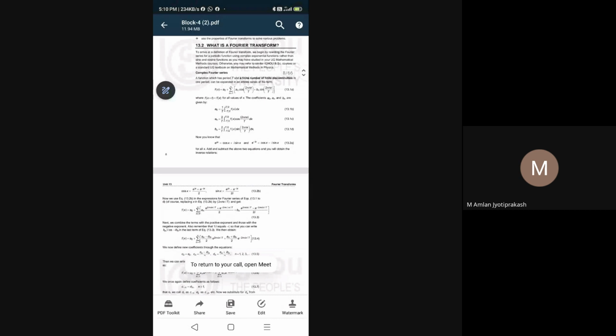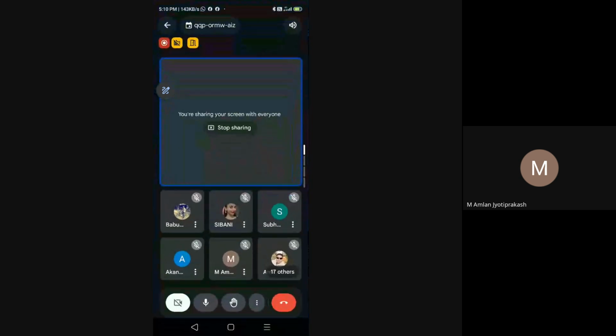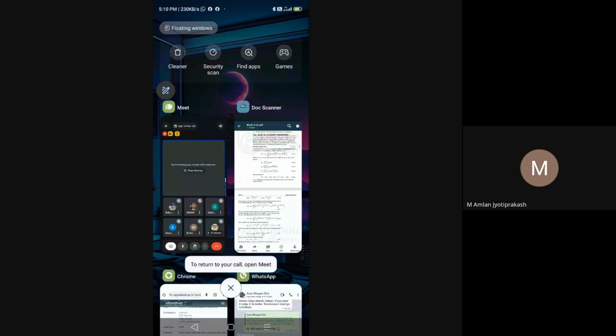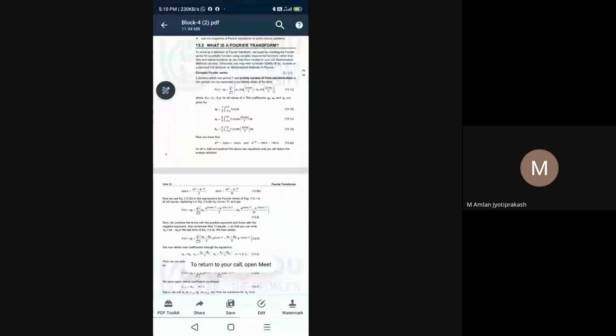So, you might have come across this Fourier transform and Laplace transform. Is the screen visible? Yes, sir.